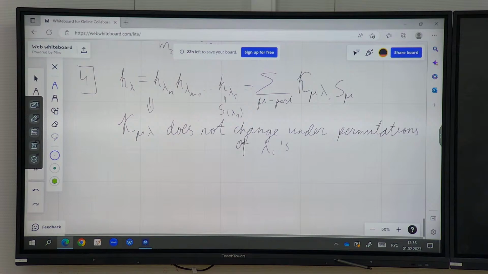Теперь поехали индукцию. Давайте теперь умножим на h. У нас здесь стоит линейная комбинация многочленов Шура. Давайте умножим на h и посмотрим, что с ним произойдет. Применим формулу Пьери. Мы добавим каких-то коробочек, в разные столбцы.